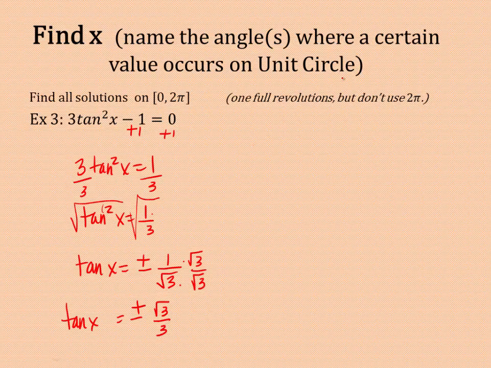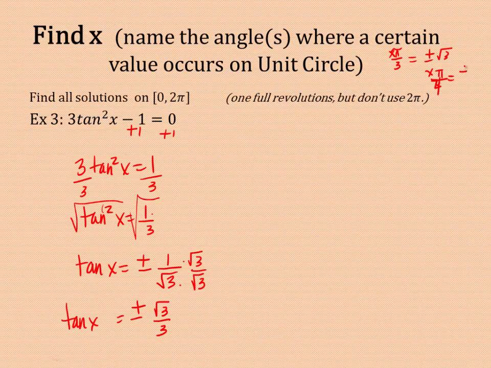Now, if you remember one of the tricks I told you about tangent, instead of having to calculate them every single time, if you remember that all the pi over 3 angles, whatever it is, pi over 3, the tangent's always plus or minus square root of 3. If it's a pi over 4 angle, it's either going to be plus or minus 1.